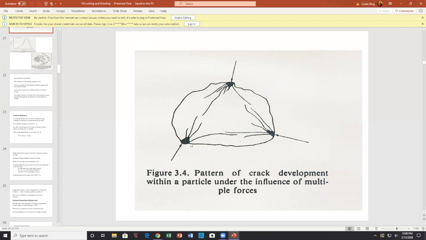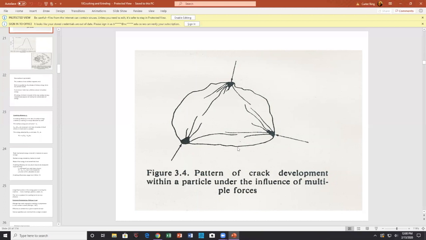If I increase the number of impact points, suddenly the importance of a single point is reduced significantly. You no longer have a crack forming between two contact points; instead, the surface will be abraded away.